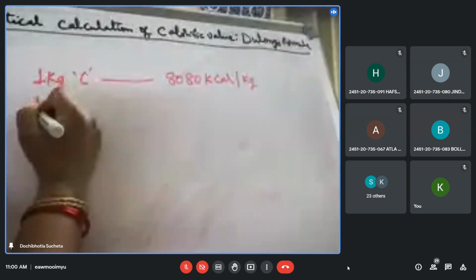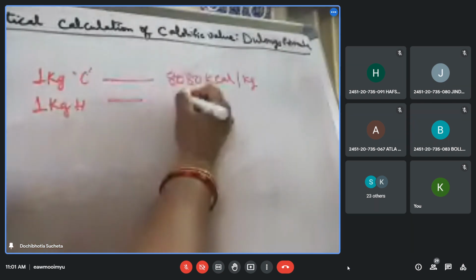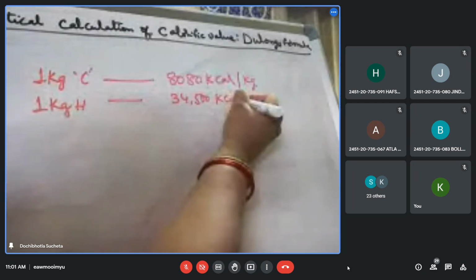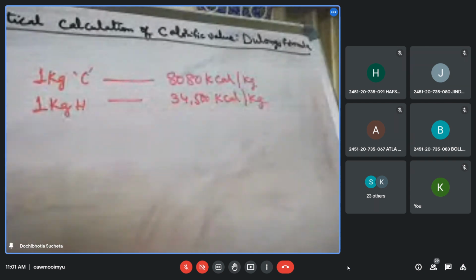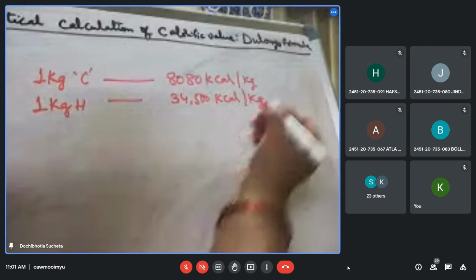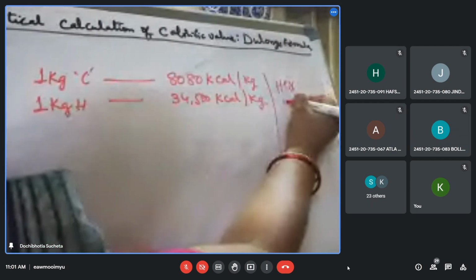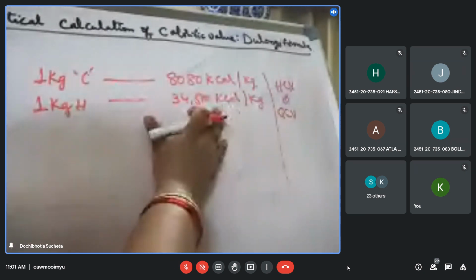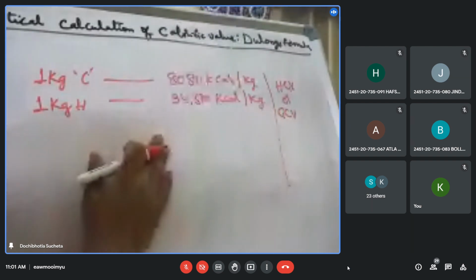When they burned 1 kg hydrogen, available hydrogen, it was 34,500 kilocals per kg. That much amount of gross HCV or GCV heat energy, burning in a bomb calorimeter in a closed vessel, they got.